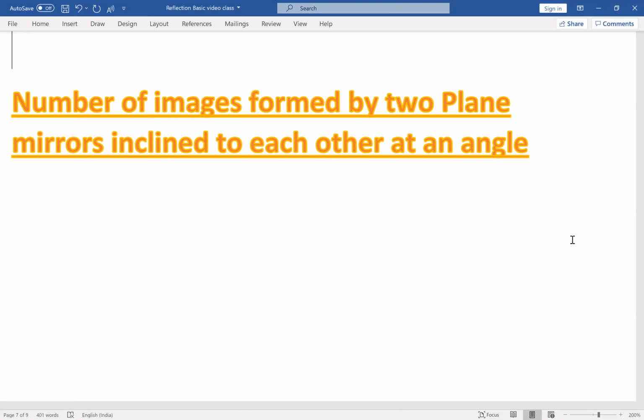If the plane mirrors are parallel to each other, those two will form an infinite number of images. Of course, you can observe only a few images, because after reflection the image formed has very low intensity, so you may not observe it.